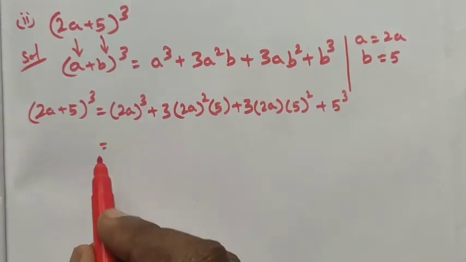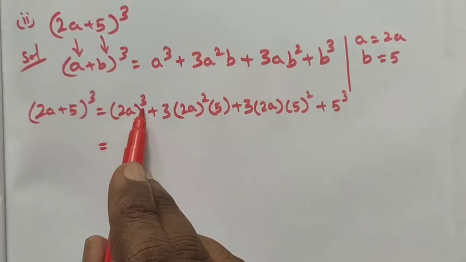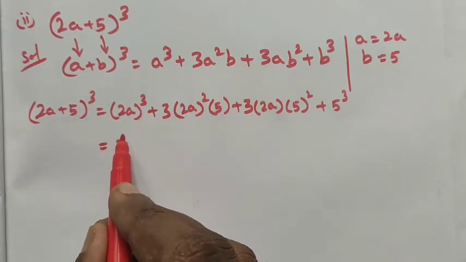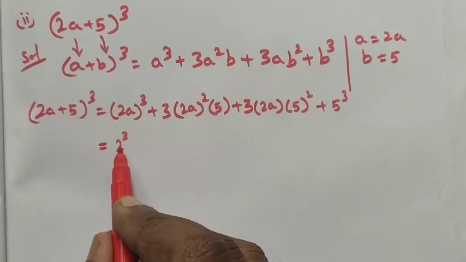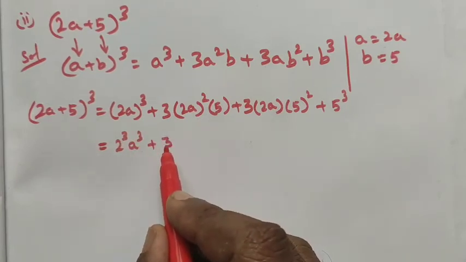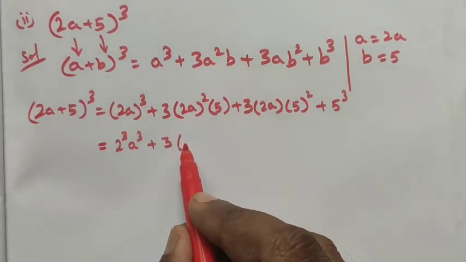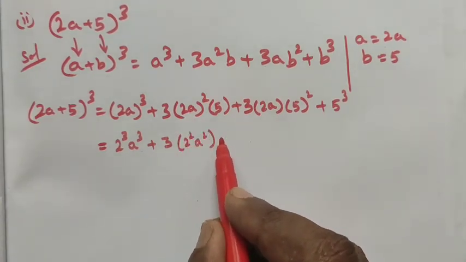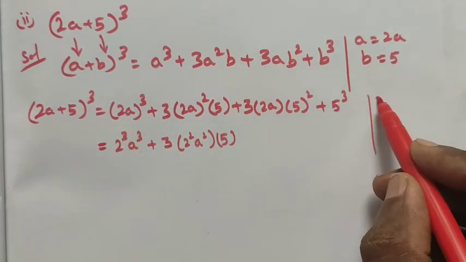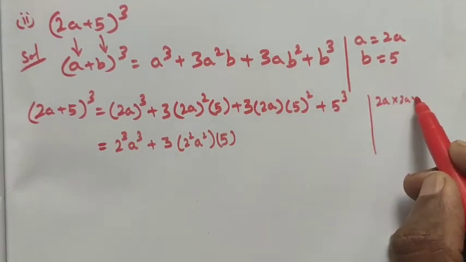This term is equal to, when we cube or square the term, each and every term should be squared or cubed. 2a, that is 2 cube and then a cube, plus 3 into, here it has 2 square and then a square into 5.